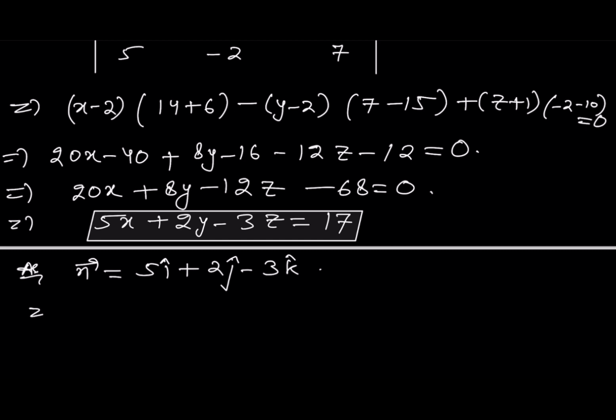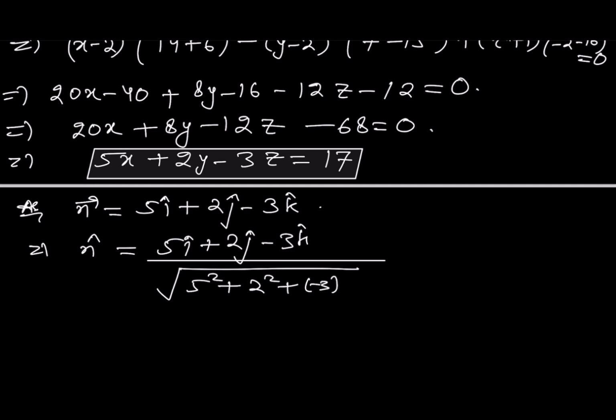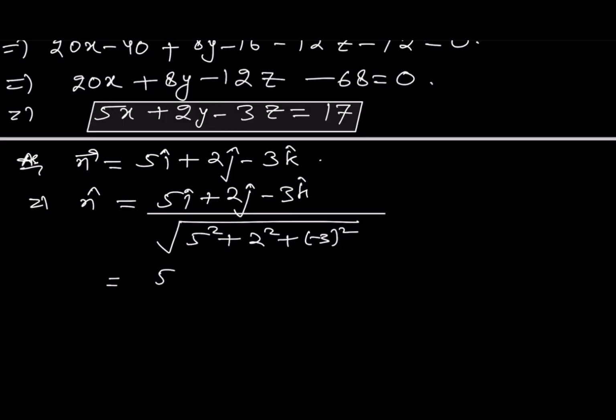So the unit vector in the direction of n vector will be 5i cap plus 2j cap minus 3k cap upon root over 5 square plus 2 square plus minus 3 square, which is 5i cap plus 2j cap minus 3k cap upon root over 25 plus 4 plus 9, that is root over 38. Okay, this is n cap.